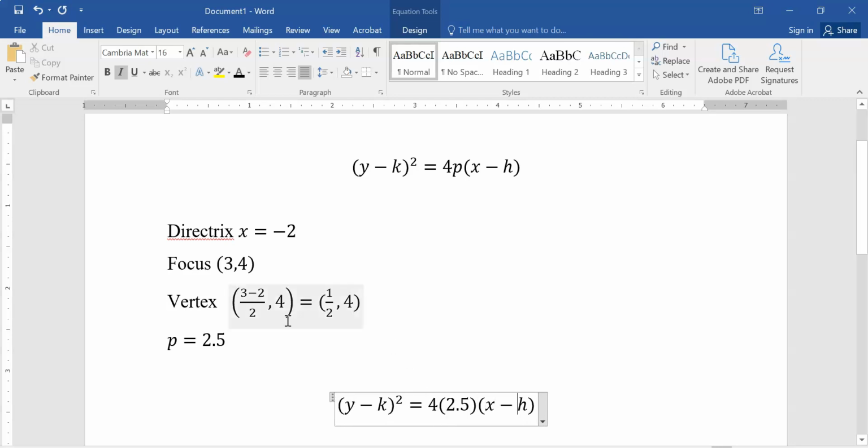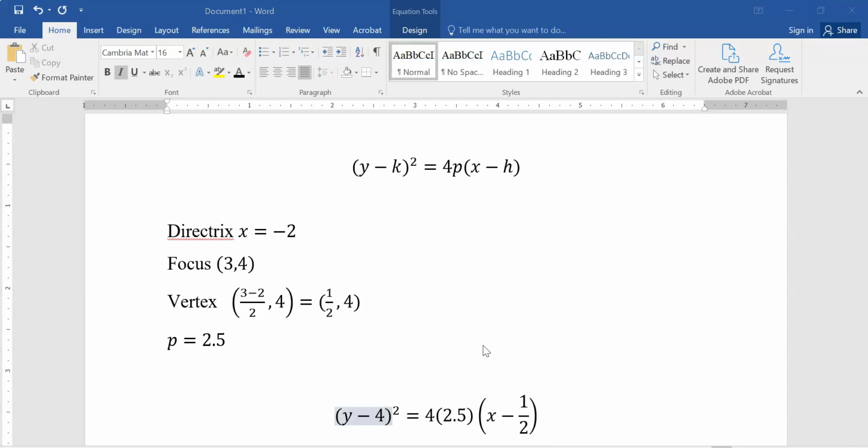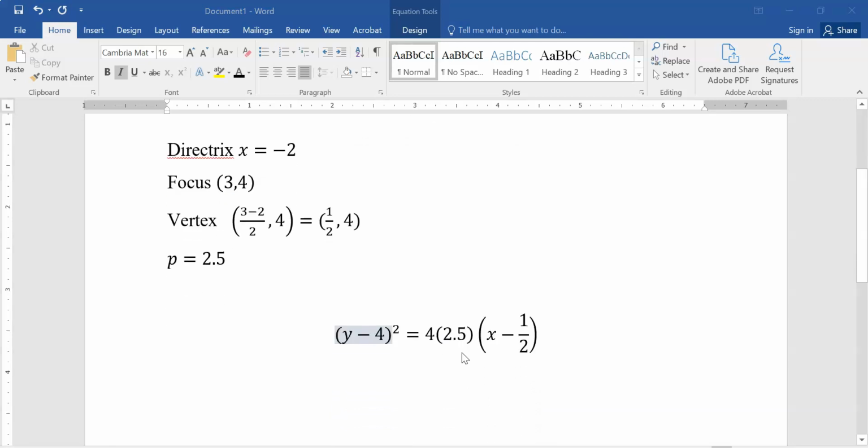And then since our vertex is (1/2, 4), x minus 1/2 is what we get when we replace the x minus h, and then y minus 4. Now the only thing that I usually like to do here is multiply out that 4 times p, and 4 times 2.5 gives me a 10.